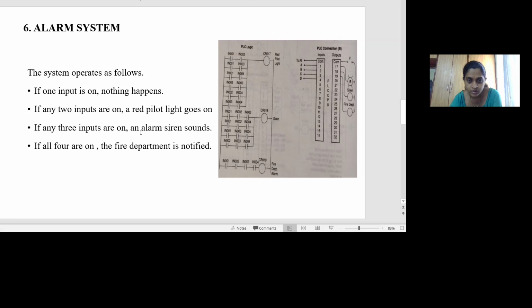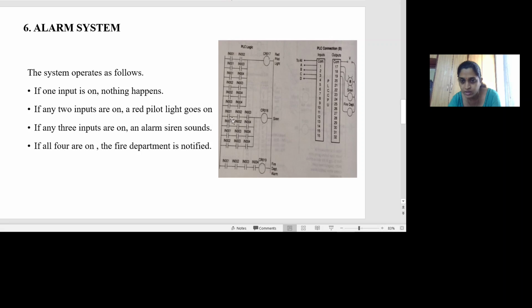And in the third case, this alarm will siren only when any three of the inputs are on. So we have four combinations here. For the siren and alarm, we are using four combinations.